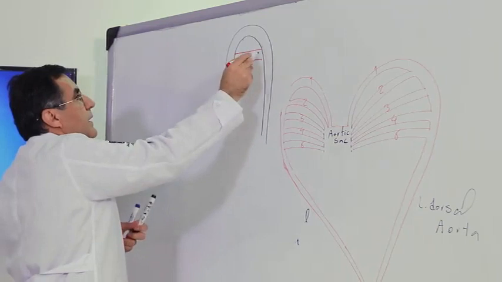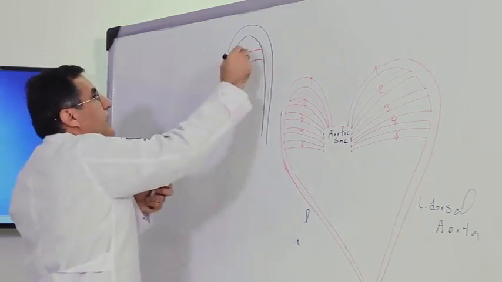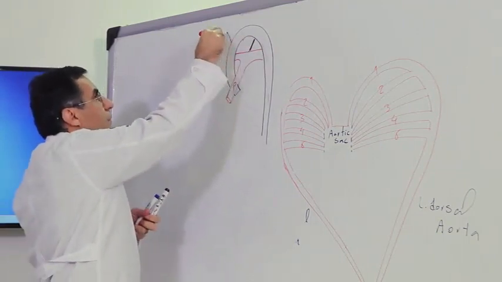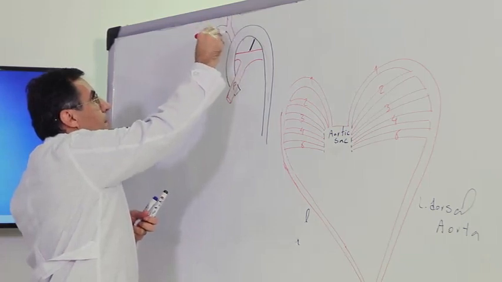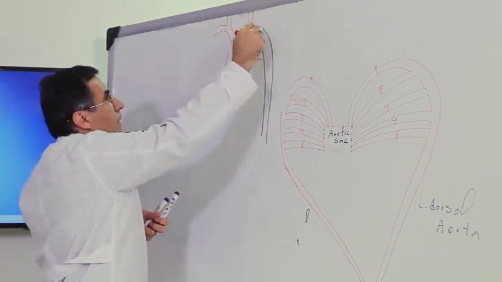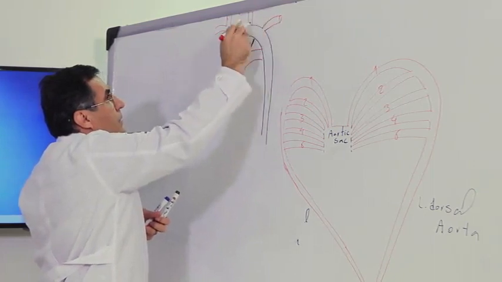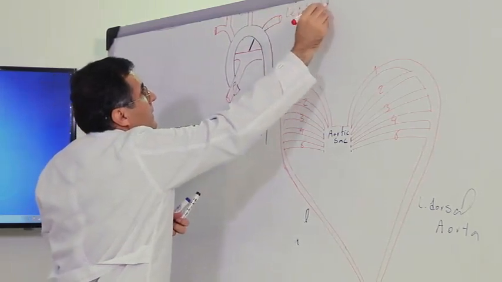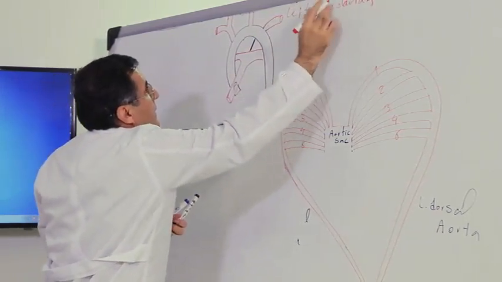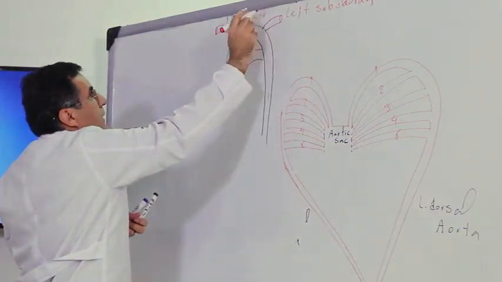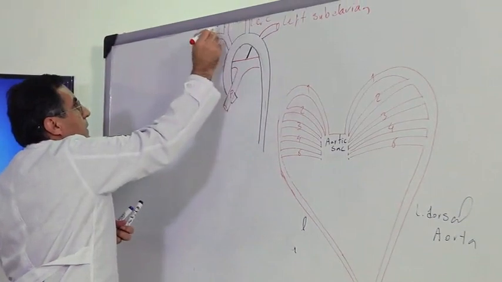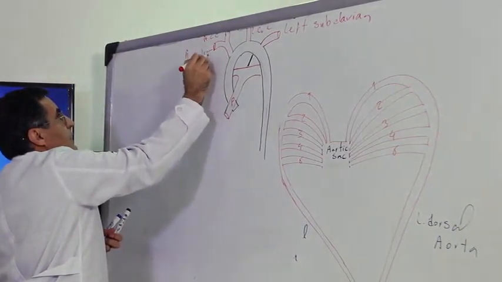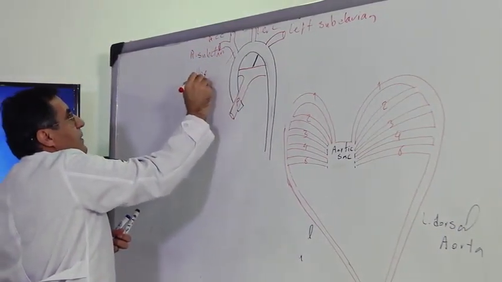This is the right and left pulmonary artery, and this one is the ligamentum arteriosum. And here we have, from right to left, the branches of the aorta: the left subclavian, left common carotid, right common carotid, right subclavian, and this one is the brachiocephalic.